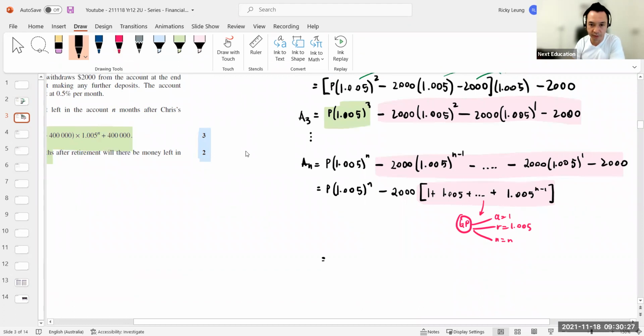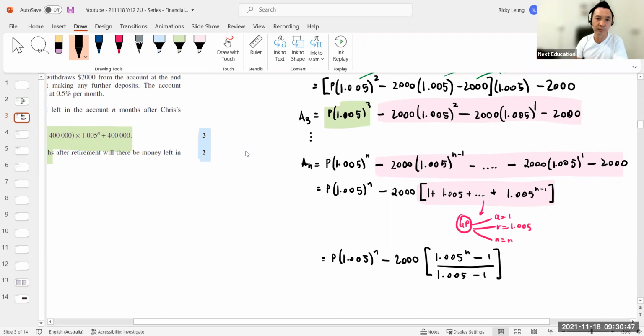This then equals P times 1.005 to the power of N, minus 2000, applying the sum of a GP: ignoring the first 1, it's 1.005 to the power of N minus 1, all over 1.005 minus 1.